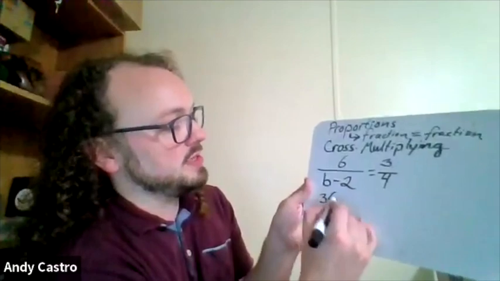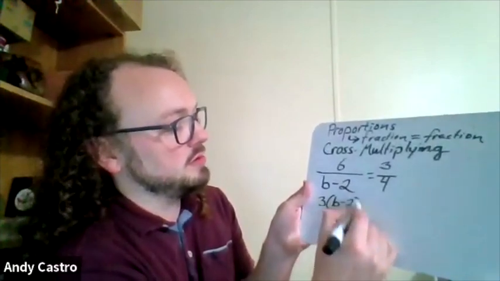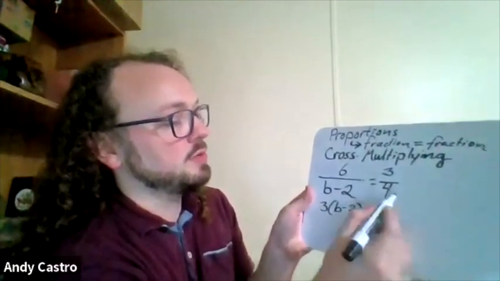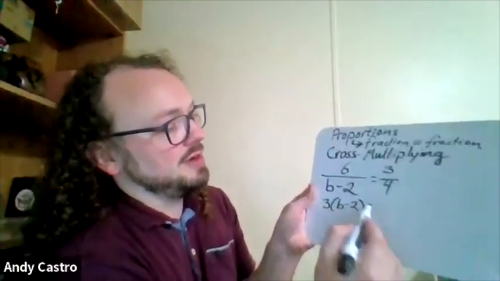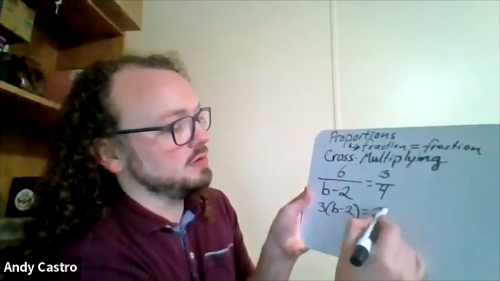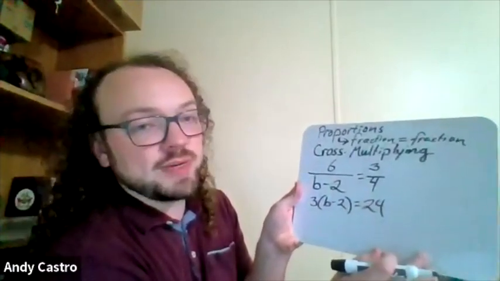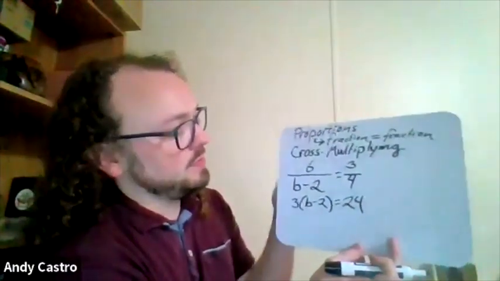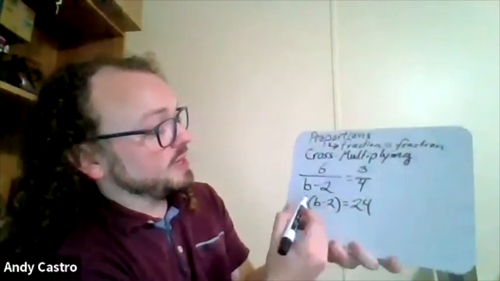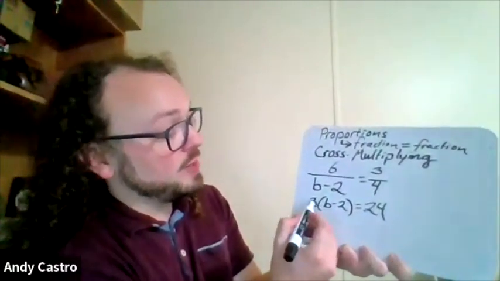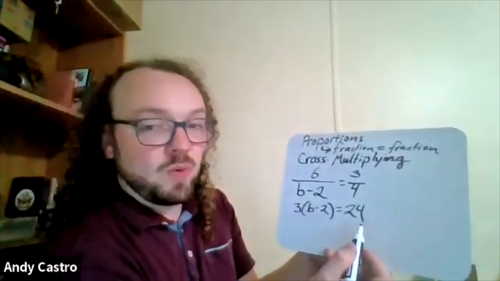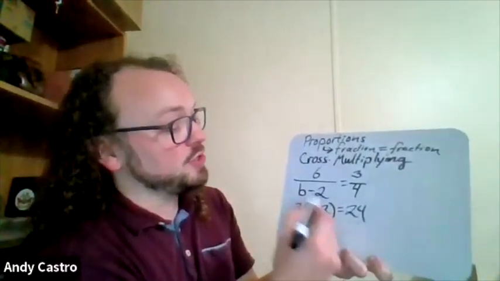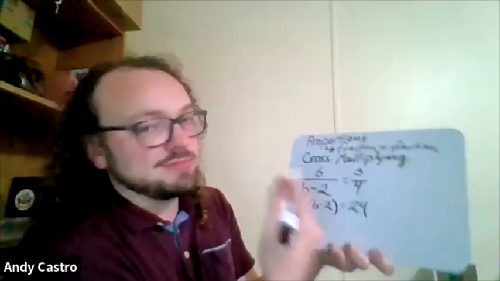Got 3 times b minus 2 equals, then I have these 2 diagonals, and 6 times 4 is 24. Right. So again, there are 2 ways: I could divide both sides by 3 right now, or I could distribute the 3 and then solve from there.